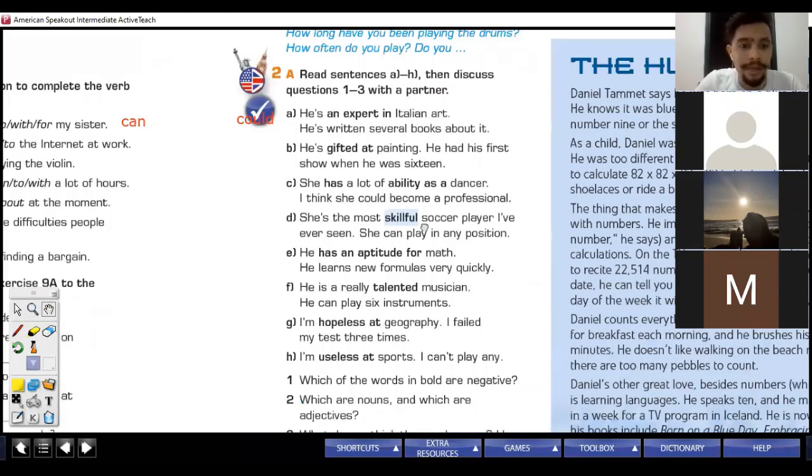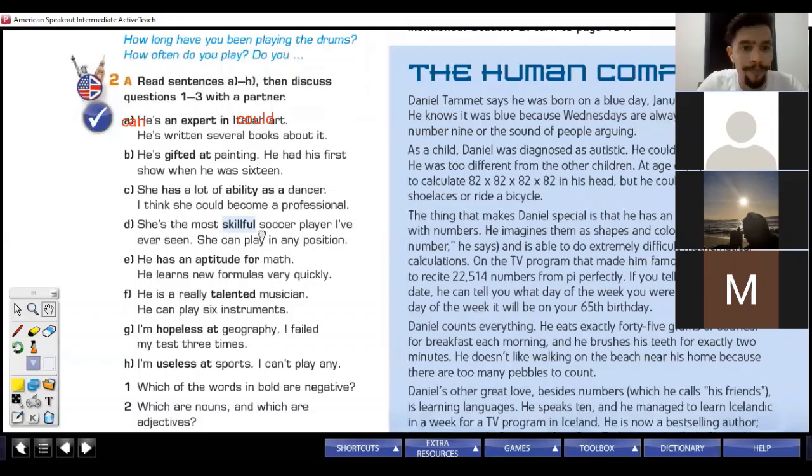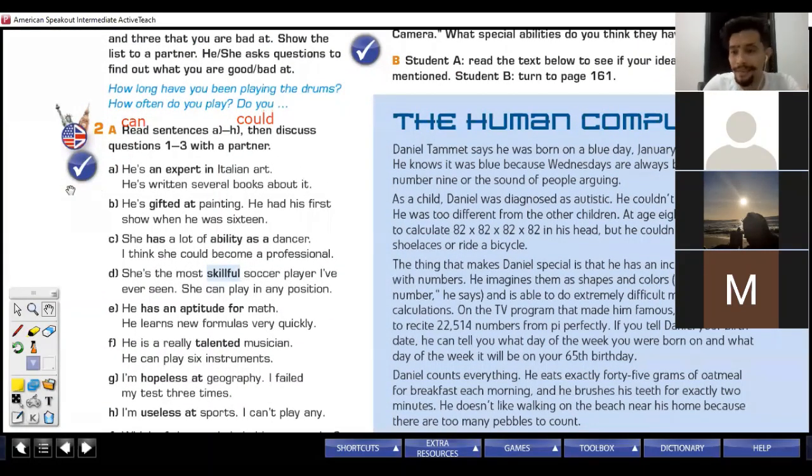All right, as you can see right here, we have this exercise number 2. The expressions that are in bold, que están en negrilla, right, are the ones that we are going to use, like other expressions or other ways we can use to refer to abilities, right?